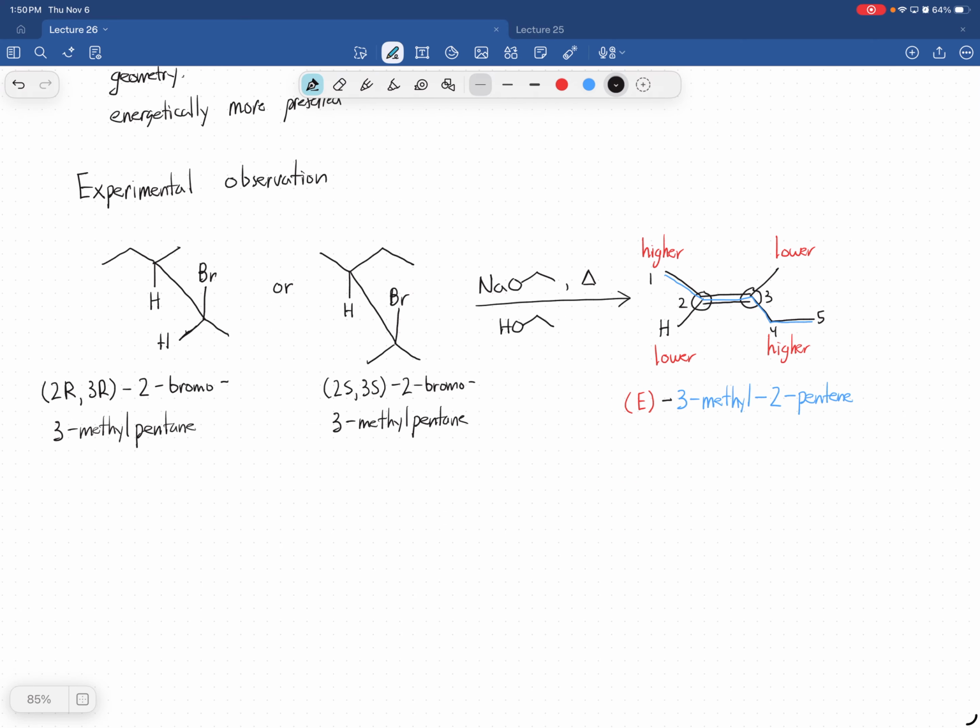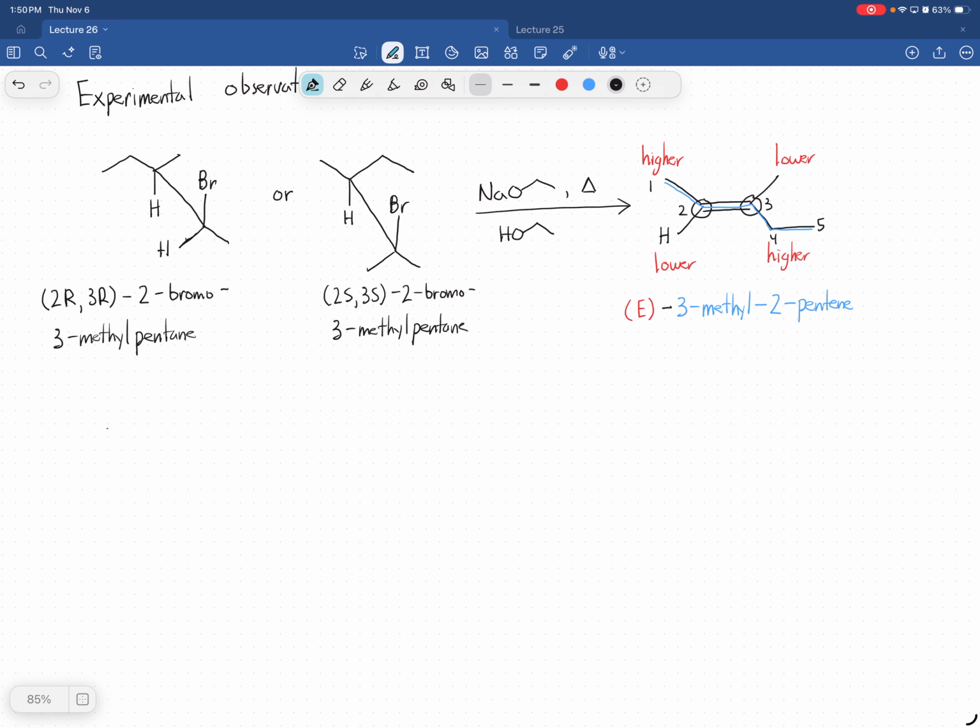All right, so let's show how this forms. So let's draw now the mechanism. All right, so the H here and the bromine have to be trans or anti to each other. And then the other atoms here are going to be like so.